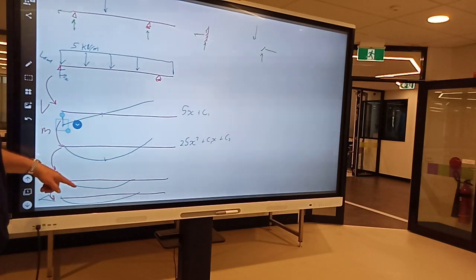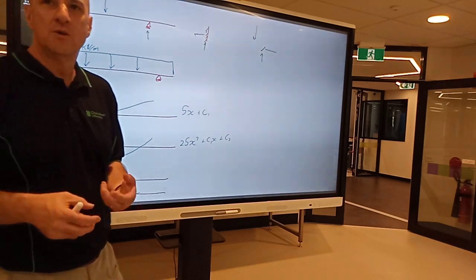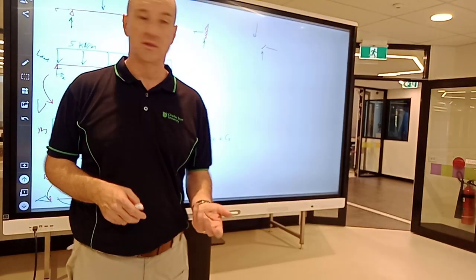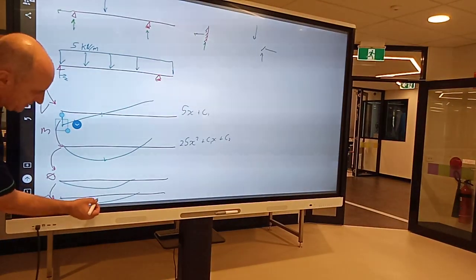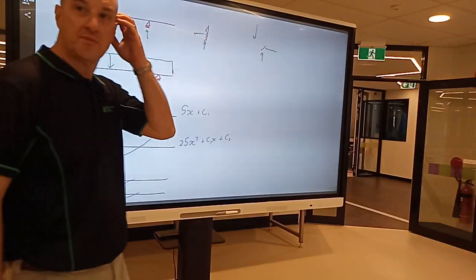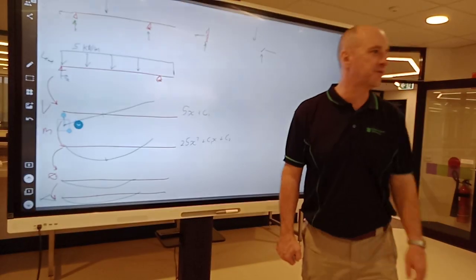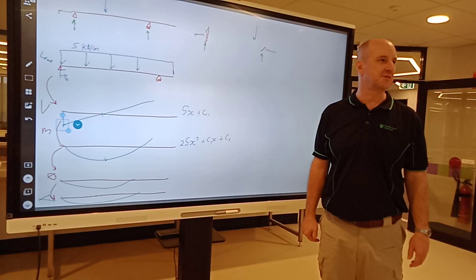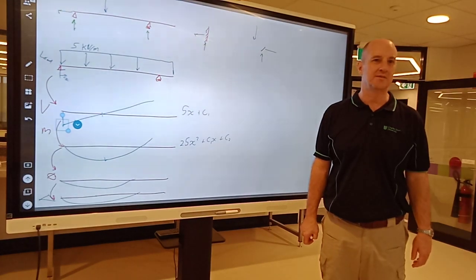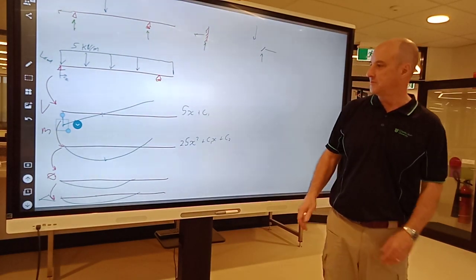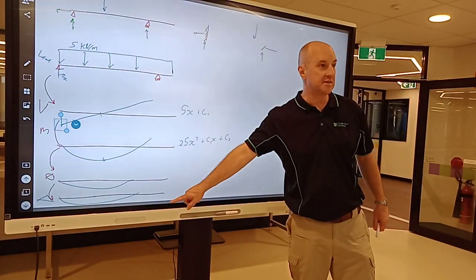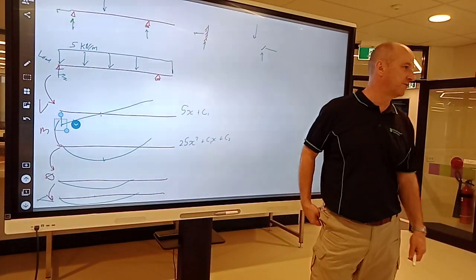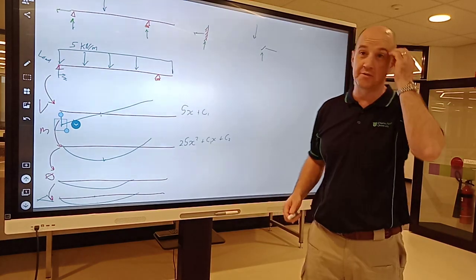When we go to curvature, if we have lots of bending happening, we're going to have a big change in curvature. When we have a big change in curvature, then we're talking about a deflection. Now, if this looks too confusing, don't worry about it, we'll go on to an application. Normally, we start with a bending moment and work down to deflection. We don't do 4 steps of integration, because that's just painful.